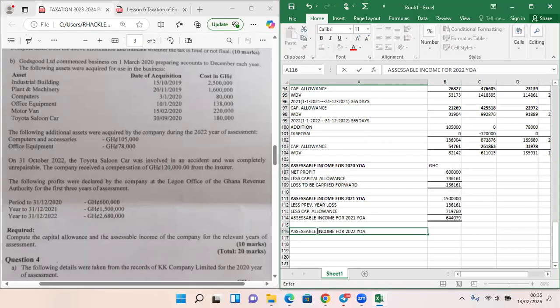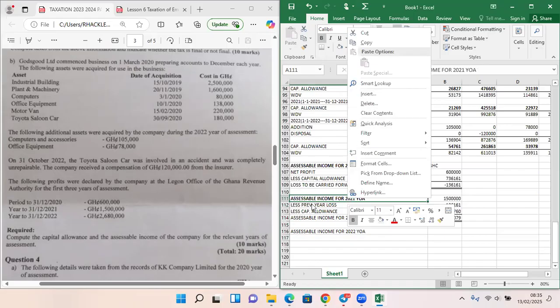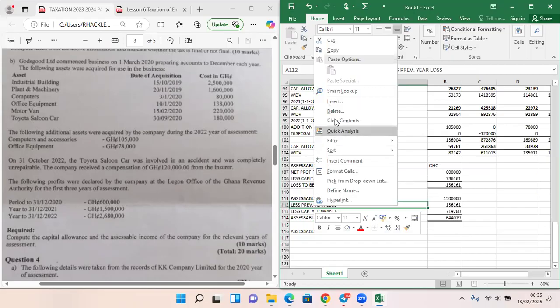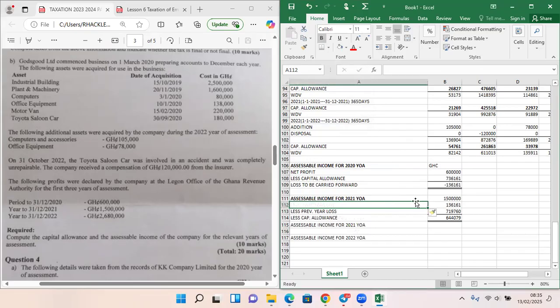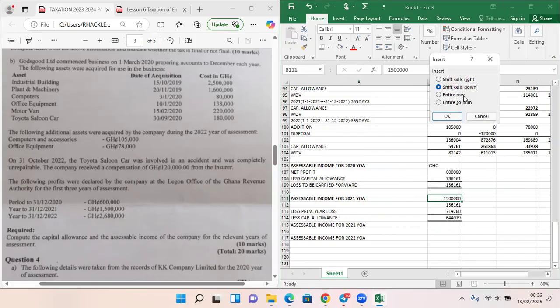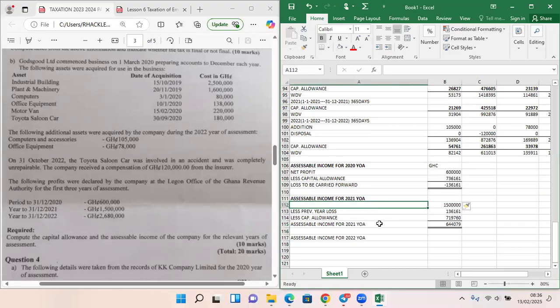2022 YOA. Oh, I didn't bring the net. Net profit for that year is 268.